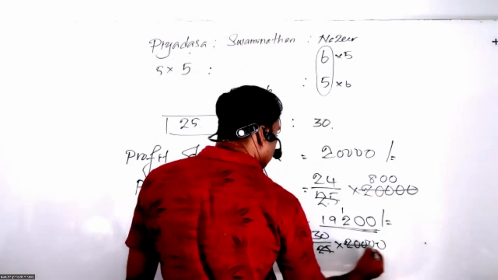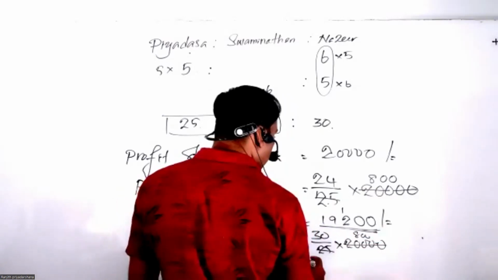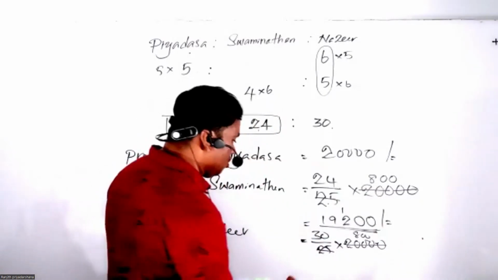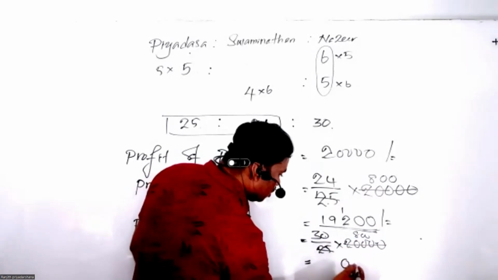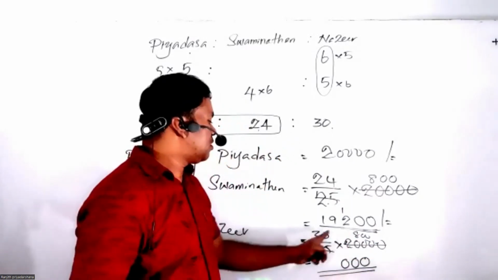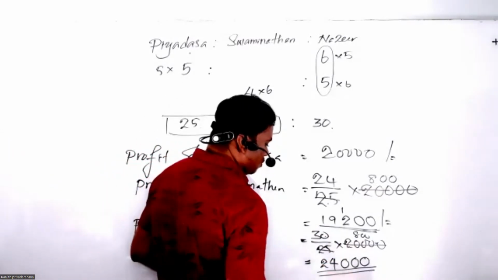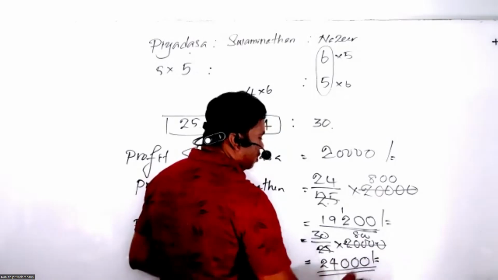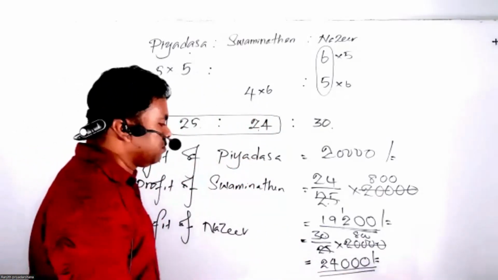Here you can end up with 800. 800 times 30. Three zeros come. 8 times 3 is 24. Yes, the maximum profit, 24,000, is taken by Nazir.